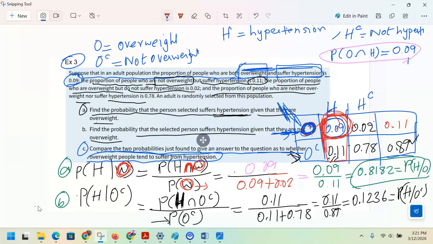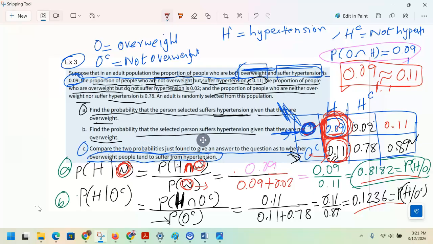Hypertension and overweight is 0.09, and hypertension and not overweight is 0.1, and 0.09 is almost the same as 0.1. So one could reach the wrong conclusion, saying it doesn't matter whether you are overweight or not, you will have hypertension. But that's not what this answer shows us.